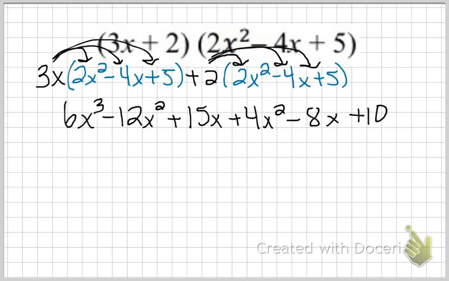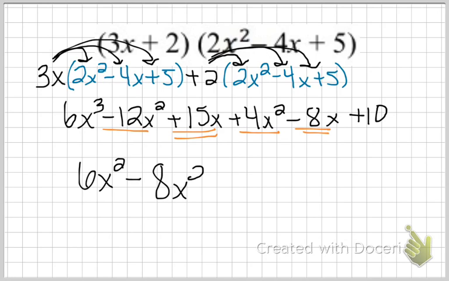Now, some of you have been able to easily identify the like terms. We notice, oh, there they are. So we can rewrite it, or we can start off with the highest degree. In our minds, we already know that this term and this term are going to go together, and that is negative 12 plus 4 would give us a negative 8x squared.